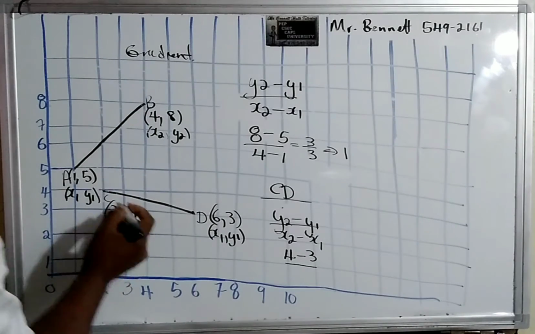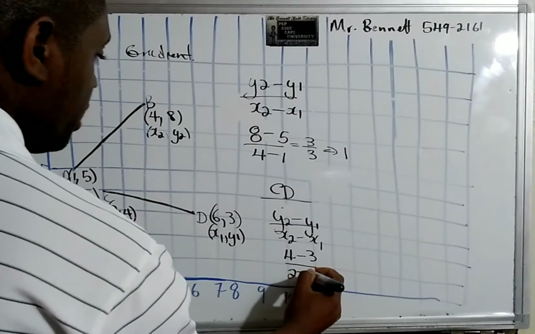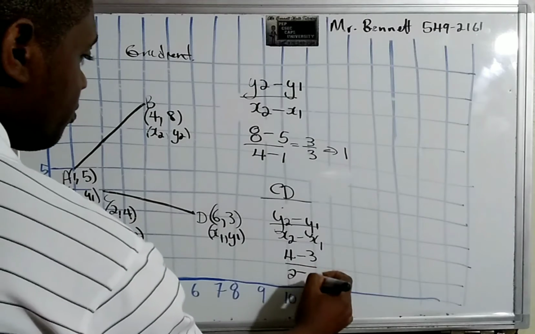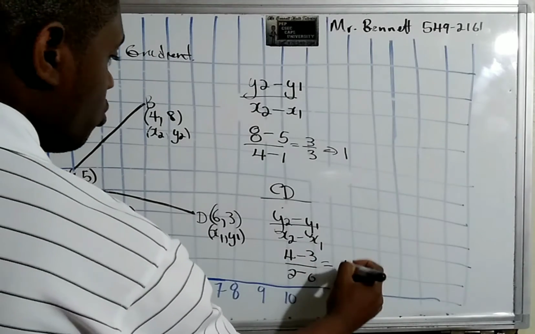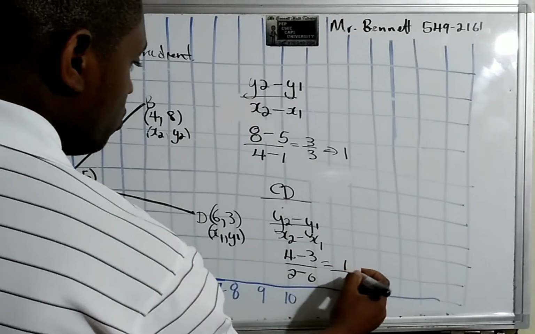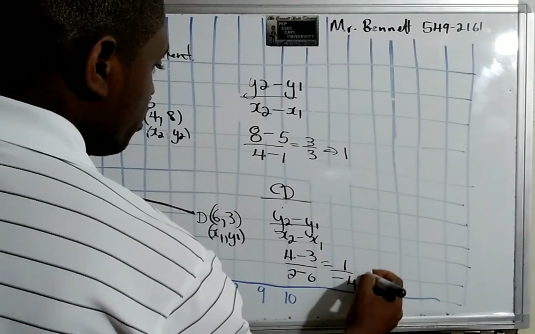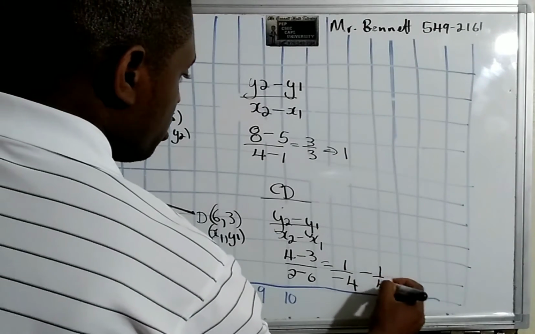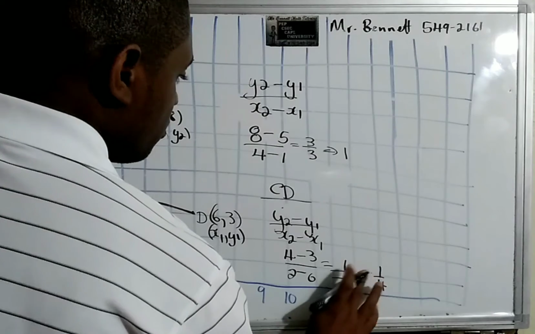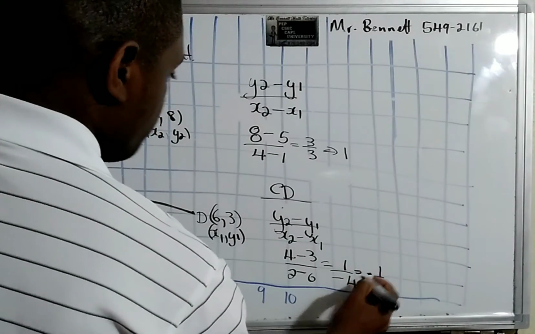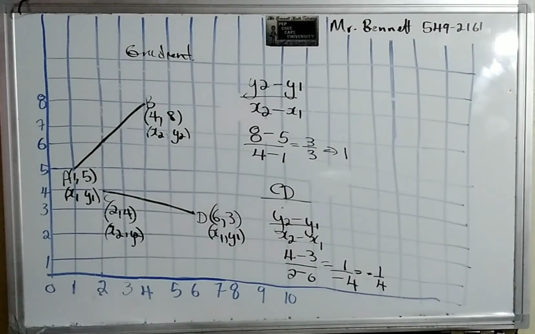So x2 was 2 minus 6. 4 minus 3 is 1. 2 take away 6 is negative 4. So we can say that the gradient is negative a quarter.